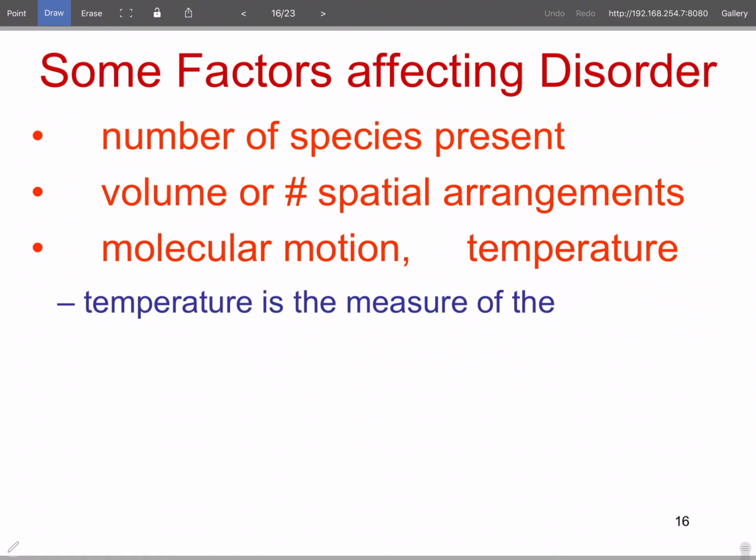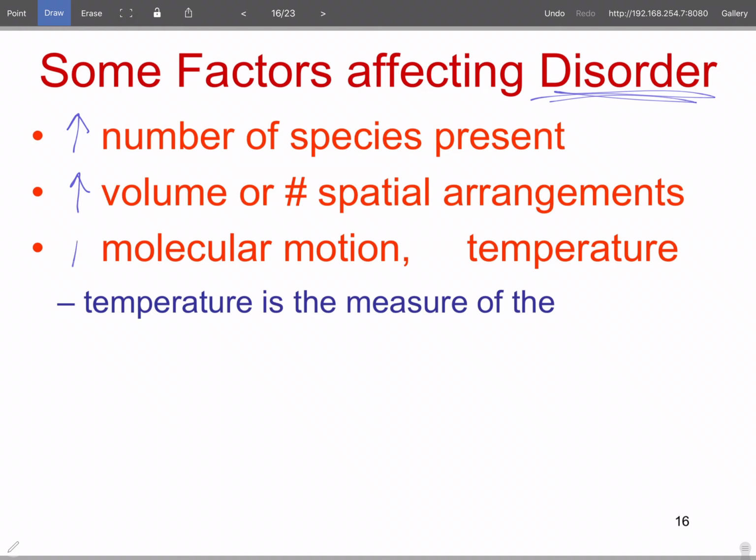All right, so first thing is the number of species present. As you increase the number of species present, you increase more disorder. As you increase the volume or the spatial arrangements, you get more disorder.